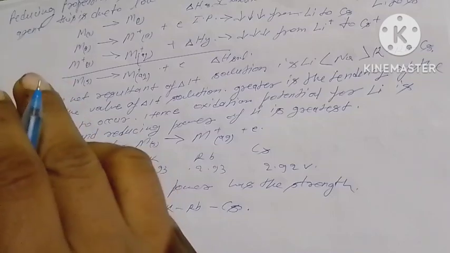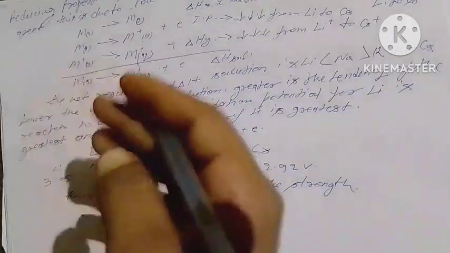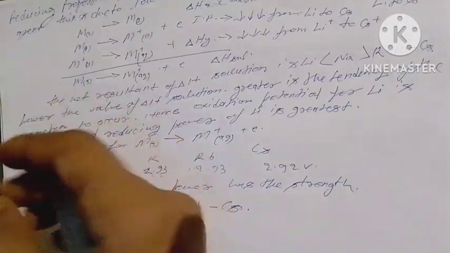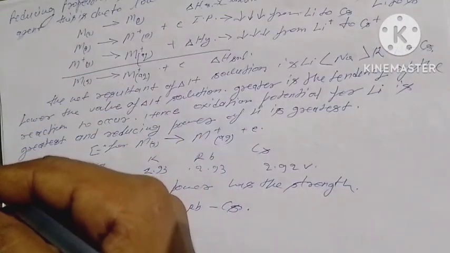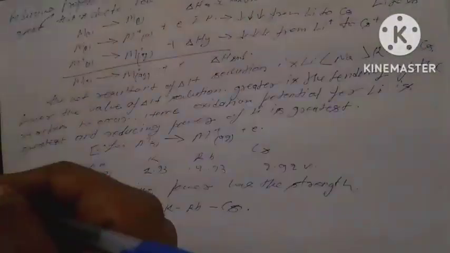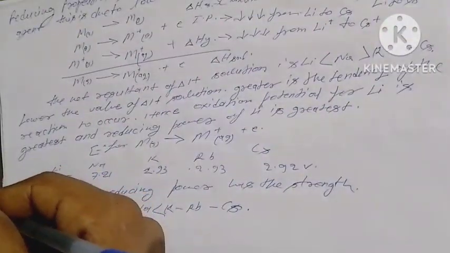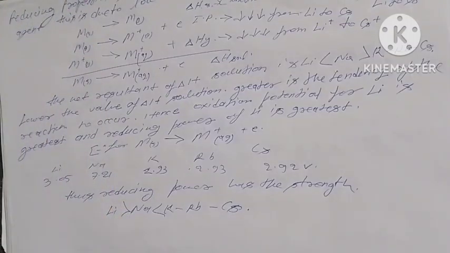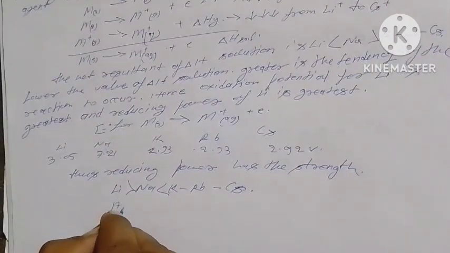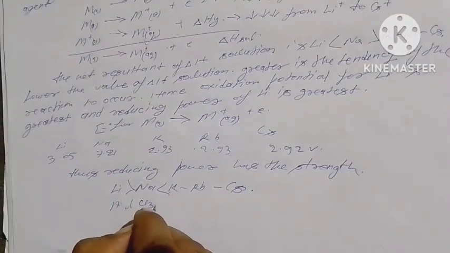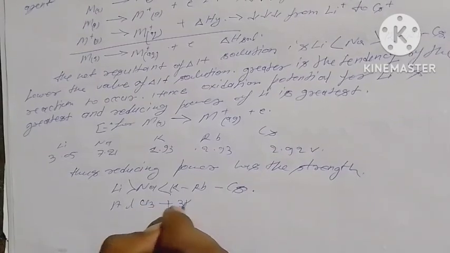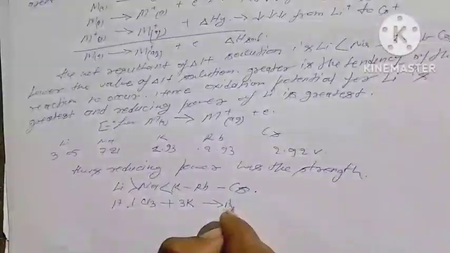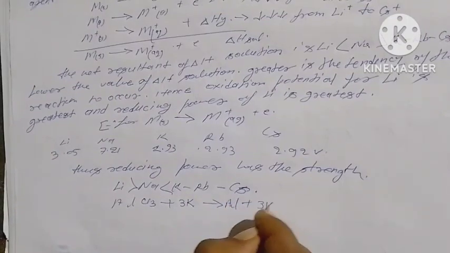This is due to the high hydration energy of lithium positive ion, which compensates for the high ionization potential. Therefore, lithium is the strongest reducing agent because of its greater hydration energy. Reducing power has been shown by the reaction given below: ammonium chloride plus potassium is converted to ammonium plus potassium chloride.